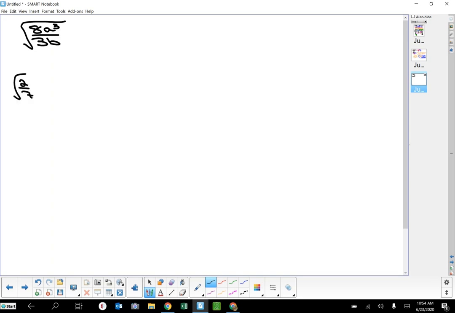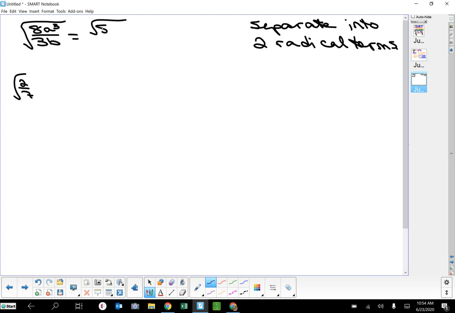When that happens, just separate the top and bottom into two radical terms. For this problem, you would have the root of 8a cubed on the top and the root of 3b on the bottom. For the rad 2 over 7, you'd have rad 2 over rad 7, and then you just multiply by rad 7 over rad 7.